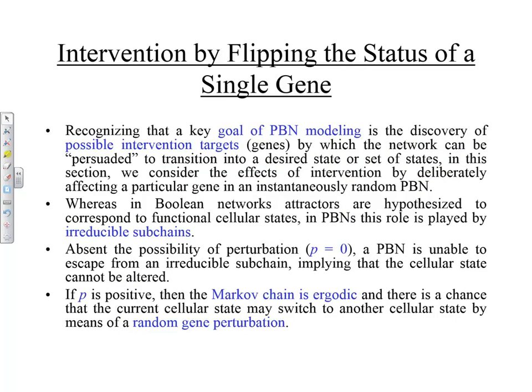So now that we understand, or at least we think we understand, something about the genetic regulatory networks, and how the PBN could also be represented as a Markov chain, now we want to look at intervention. First we will look at intervention by flipping the status of a single gene.